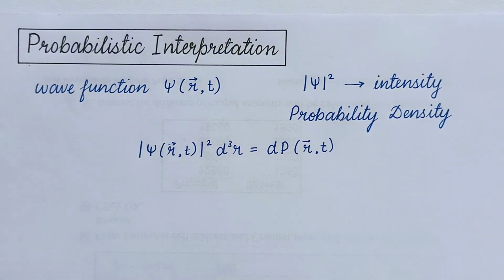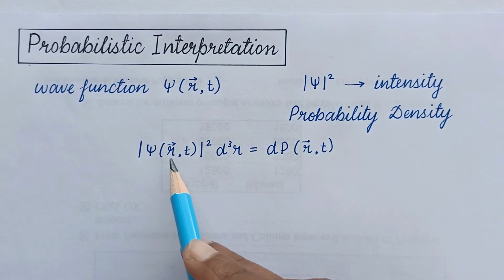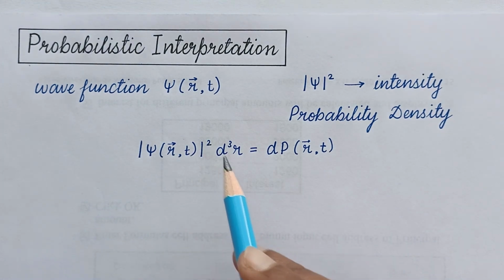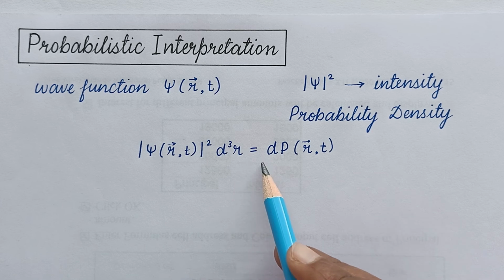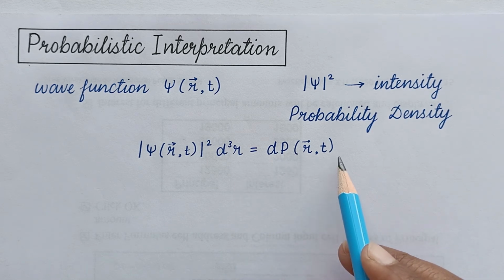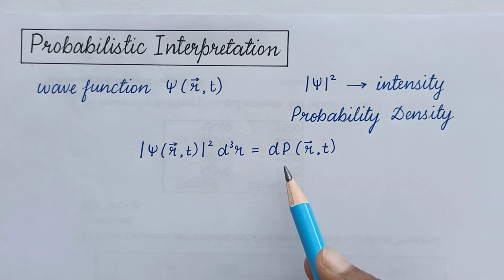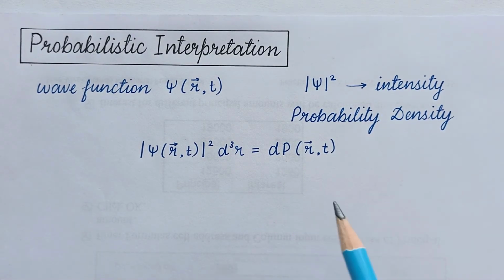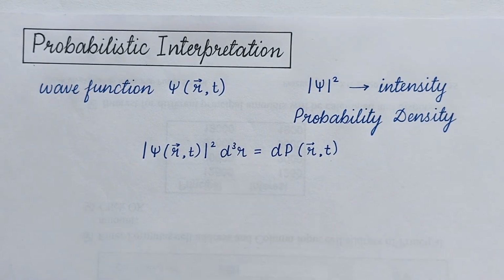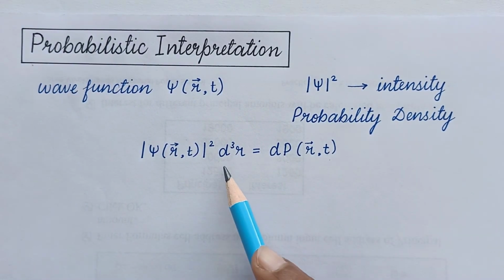And he gave us the equation: psi of r and t mod square d cubed r is equal to dP of r and t, where dP is the probability of finding the particle at time t in the volume element d cubed r, which is in 3D form.